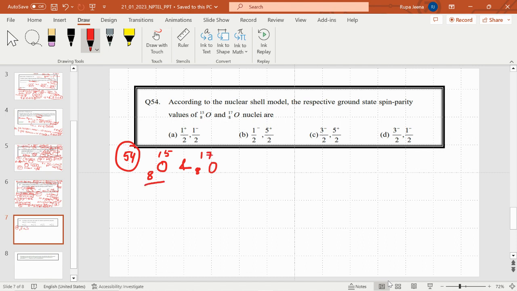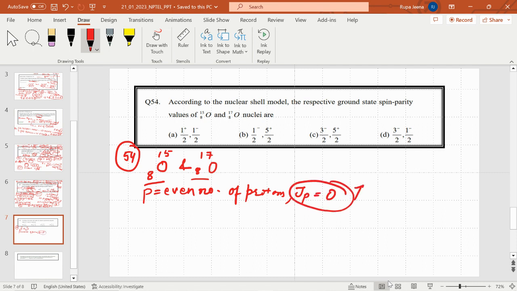Now if you see, the proton number is even in both cases. When you have an even number of protons, then surely the total angular momentum due to these protons will be zero, because they will couple up to give total angular momentum zero. Whenever there is odd, you have to go for it.